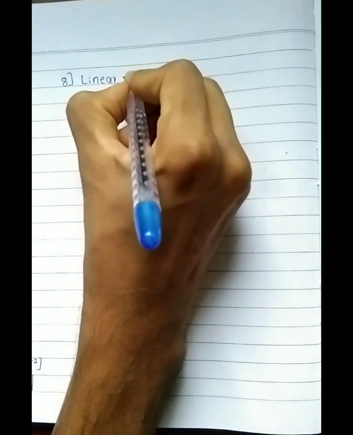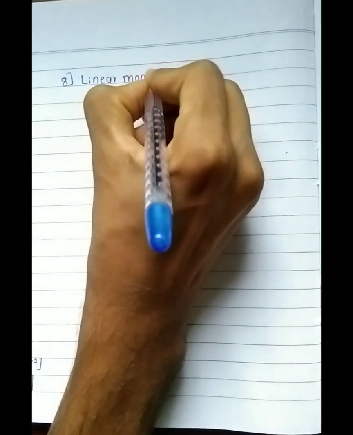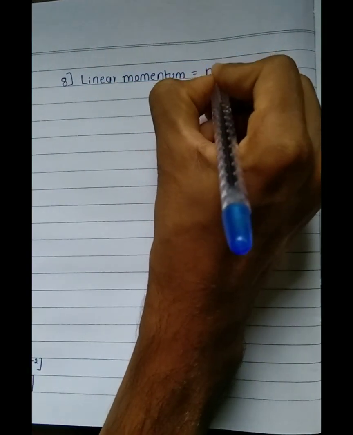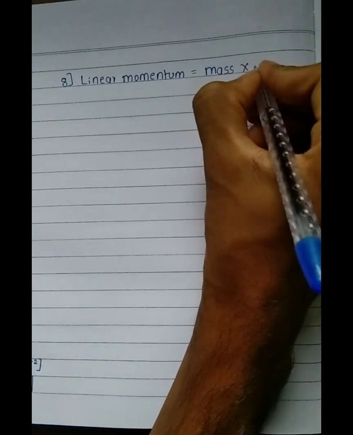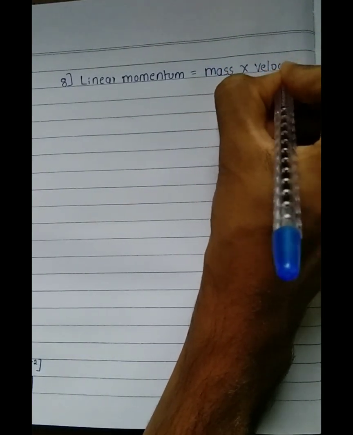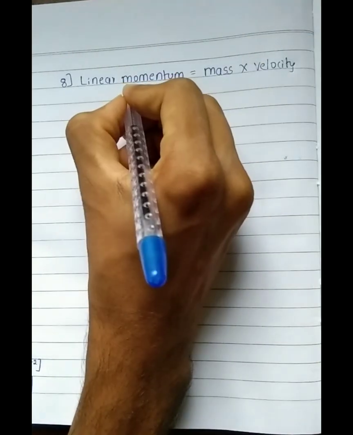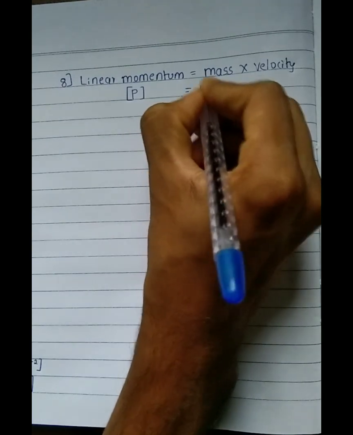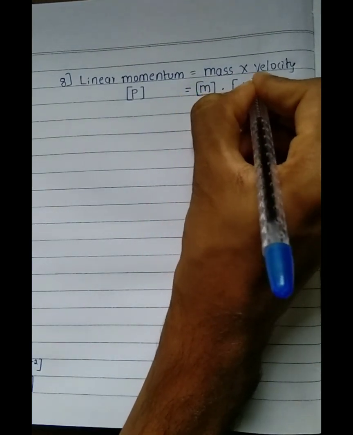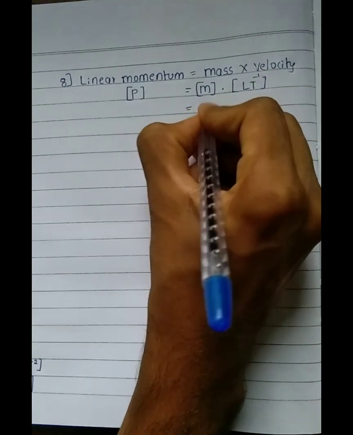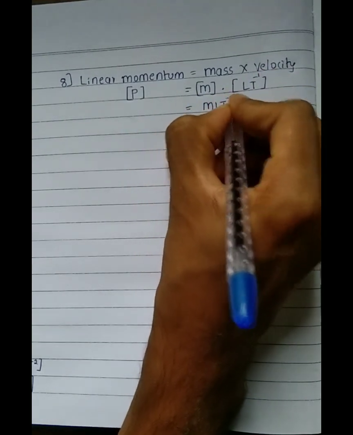Next, linear momentum. Linear momentum is mass into velocity. M into L T power minus 1. So M L T power minus 1.